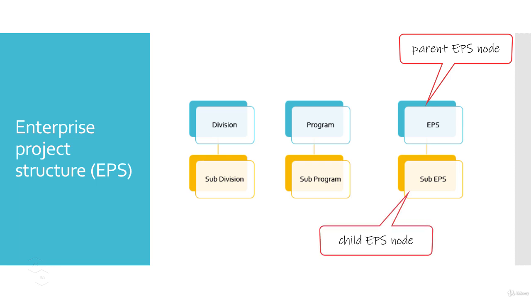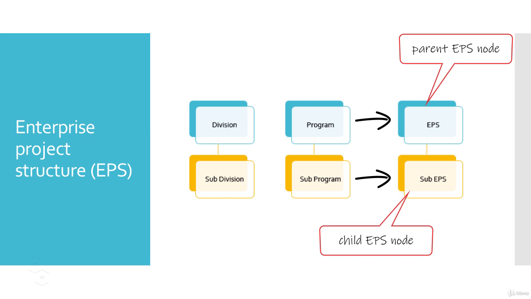So in summary, EPS and programs are similar in a way that both can be classified into sublevels and both have a group of similar related projects. And please remember, they have a hierarchical breakdown structure.